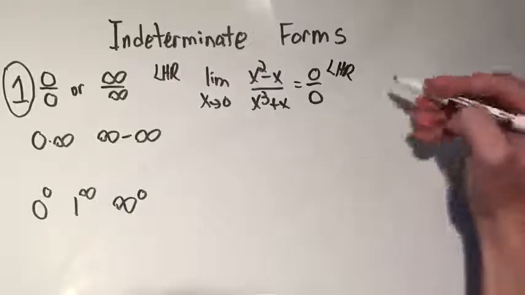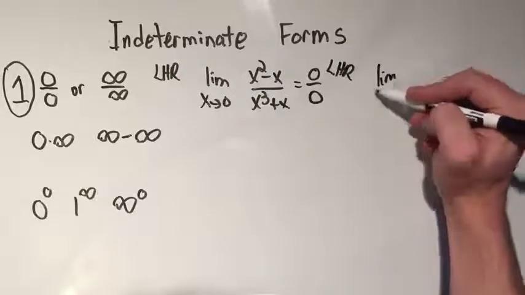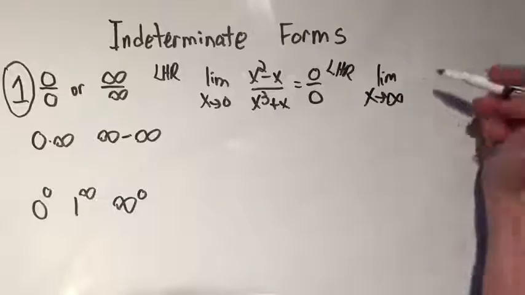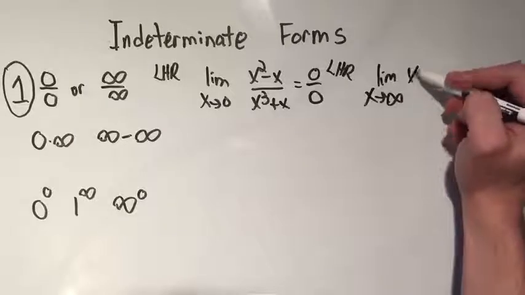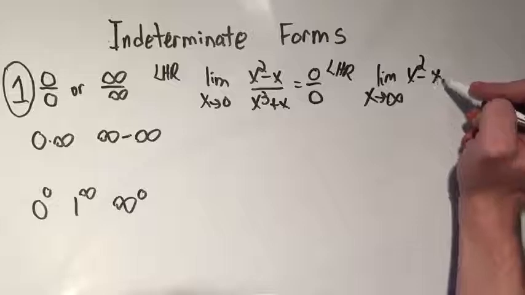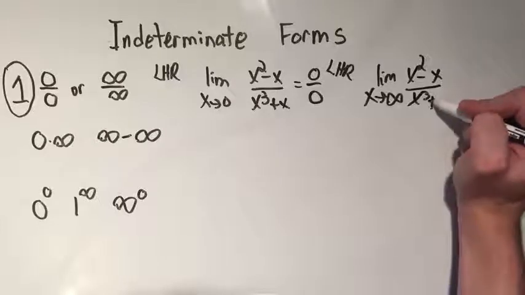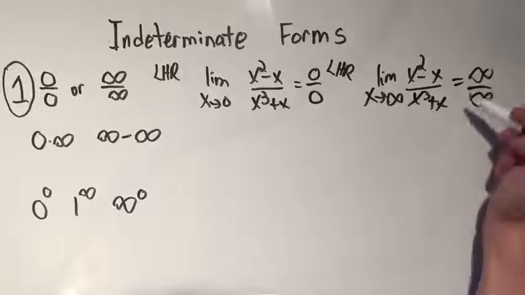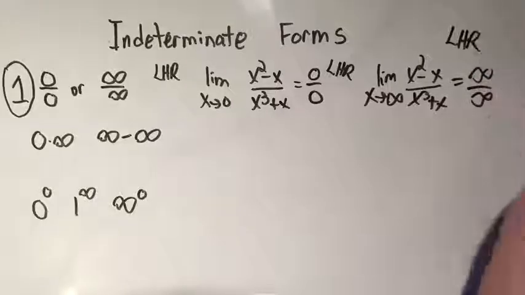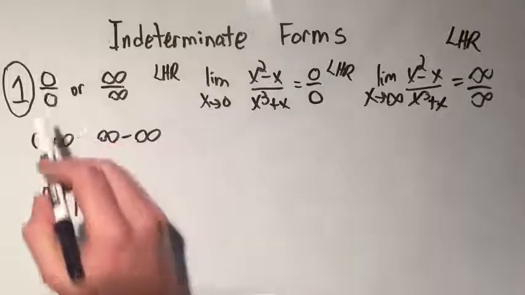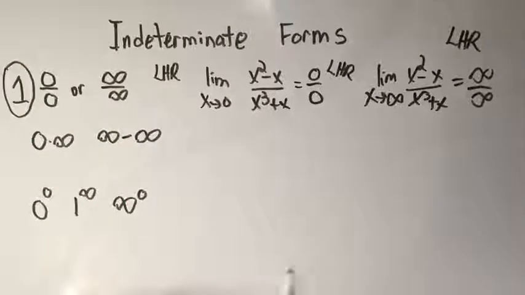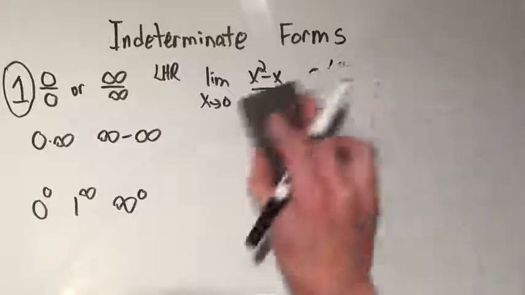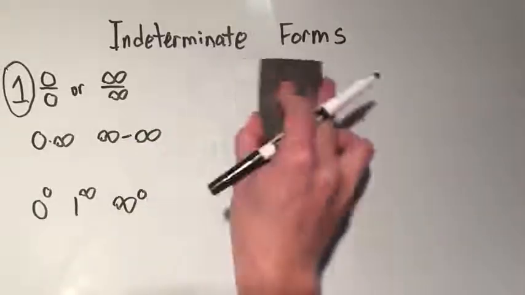Or you could have something where the limit's going to infinity, and I could actually just use the same example here. X squared minus x over x cubed plus x, and then you would get infinity over infinity, and immediately you would just apply L'Hopital's rule. So 0 over 0 or infinity over infinity, those are the easiest cases because you can just immediately use L'Hopital's rule.